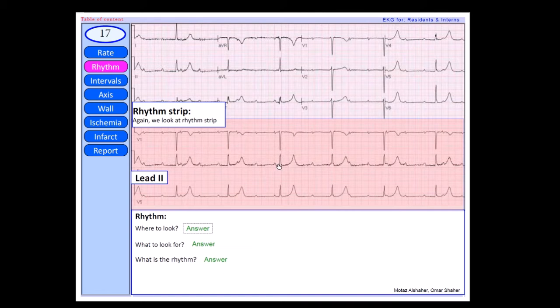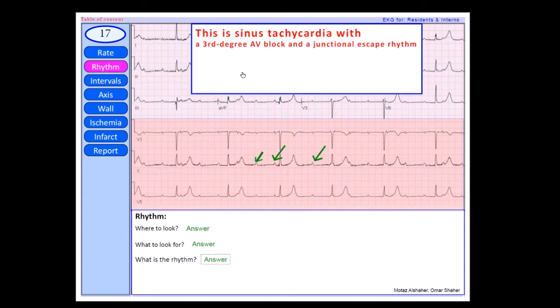So where is it coming from? It cannot be coming from the ventricles because the QRS is narrow, so it must be coming from the junctional area. So I will describe this rhythm as sinus tachycardia with a 3rd degree AV block and a junctional escape rhythm.